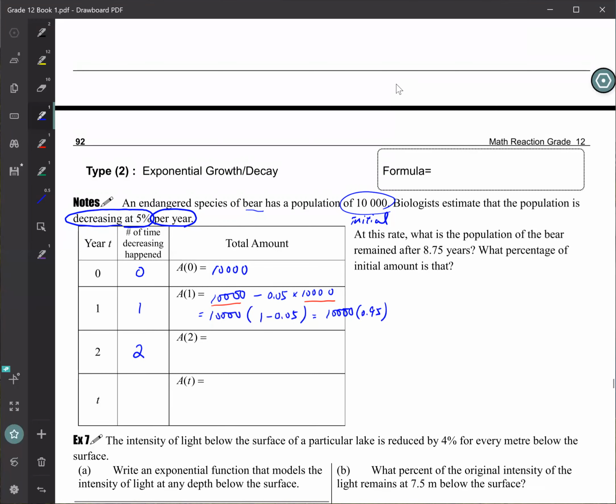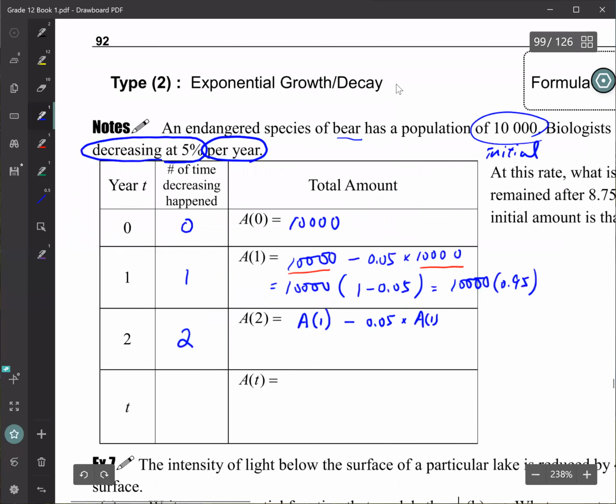We will take the amount that you had before and do the same thing. So the amount after 1 year, A1, minus 0.05 times the amount after 1 year. Does anyone have questions so far? Okay, so what do you think we should do now? What's the next step then?